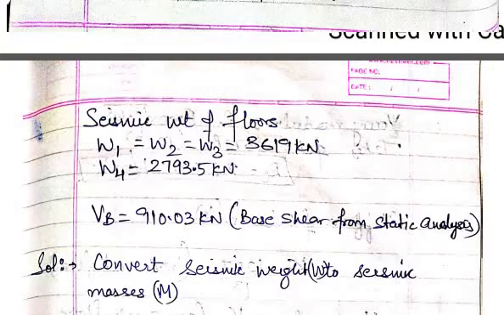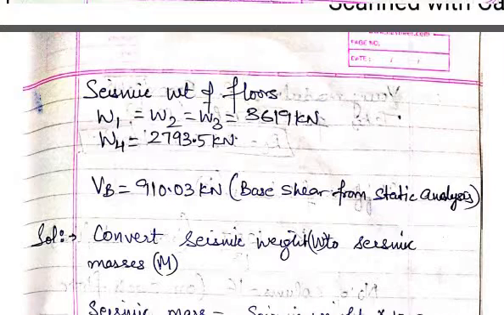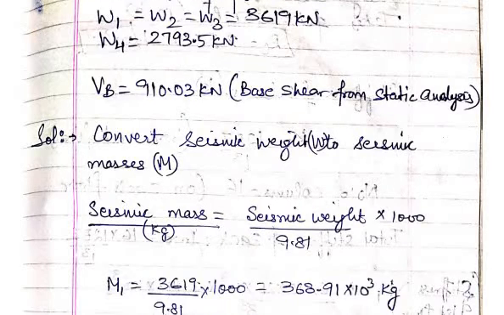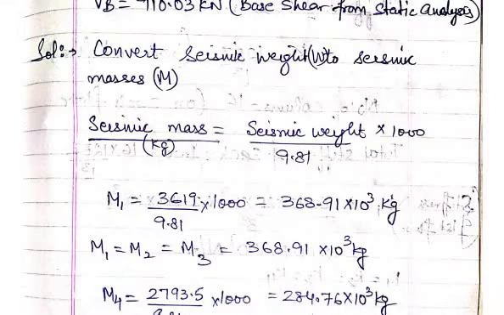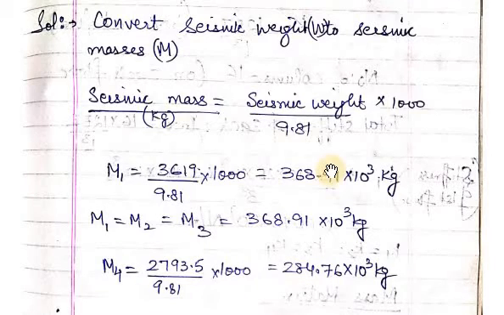Now to start with the solution, first we will convert the seismic weight to the seismic masses. It is simple. We are just using this equation, that means dividing the seismic weight by 9.81 and multiplying by 1000, we will get the seismic masses.